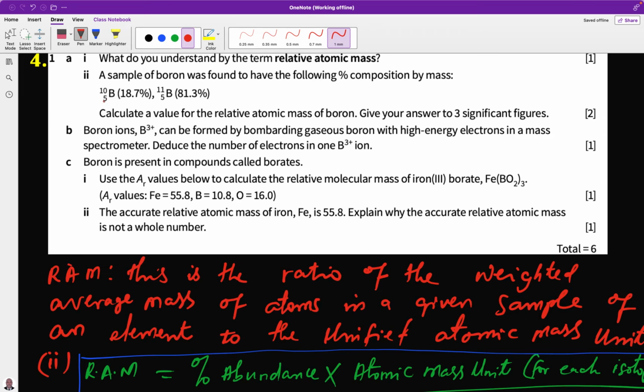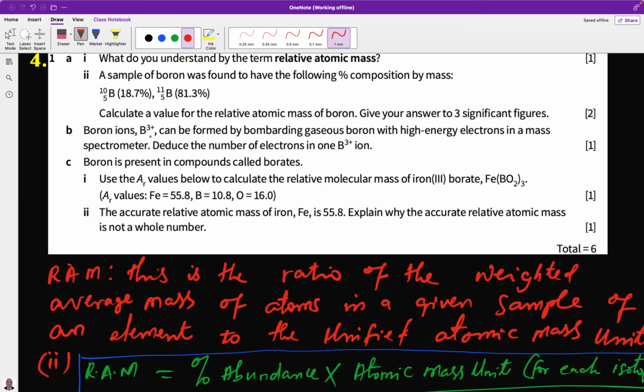Remember, the number of protons is equal to the number of electrons, and the proton number is equal to the atomic number. Now we have the atomic number of boron to be 5.